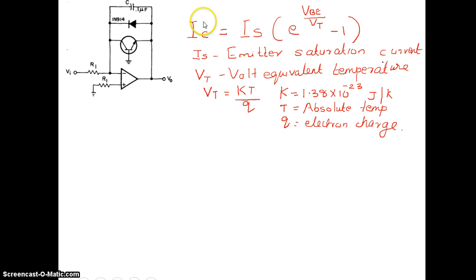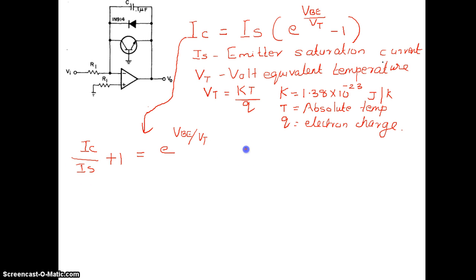Now take this equation and readjust it. I can write IC divided by IS plus 1 equal to e raised to VBE divided by VT. Now this IC is very small compared to the reverse saturation current, so IC by IS will be very large.